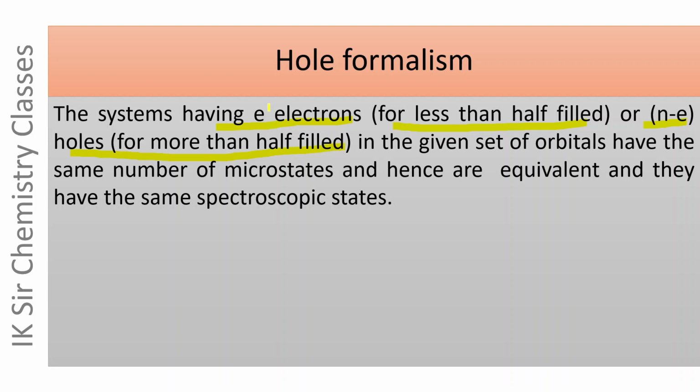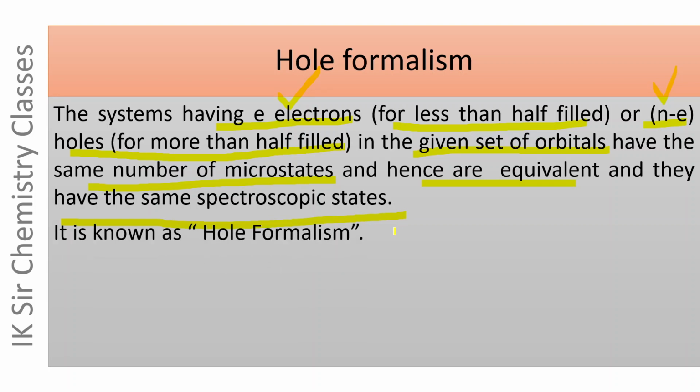For a system having e electrons or n minus e holes in a given set of orbitals have the same number of microstates and hence are equivalent and they have the same spectroscopic states. It is known as hole formalism.